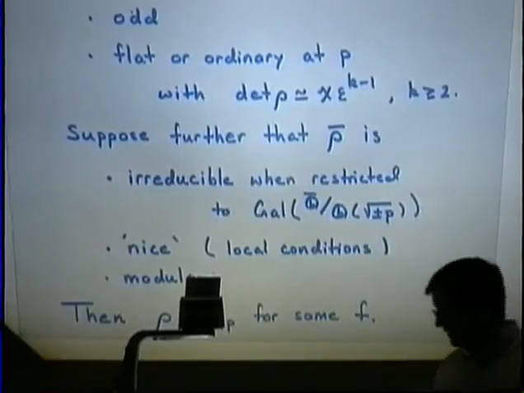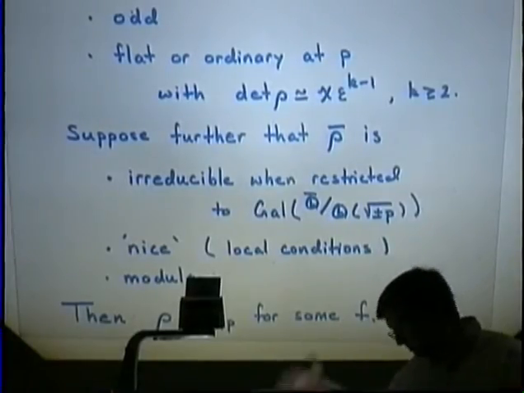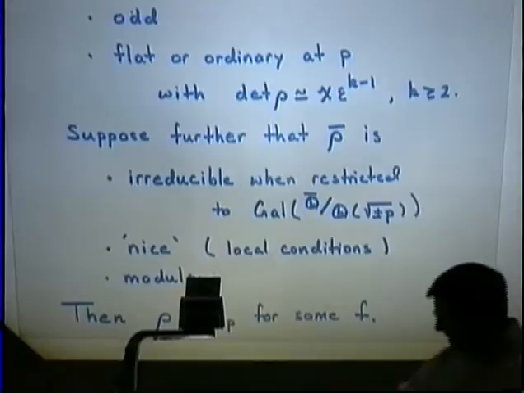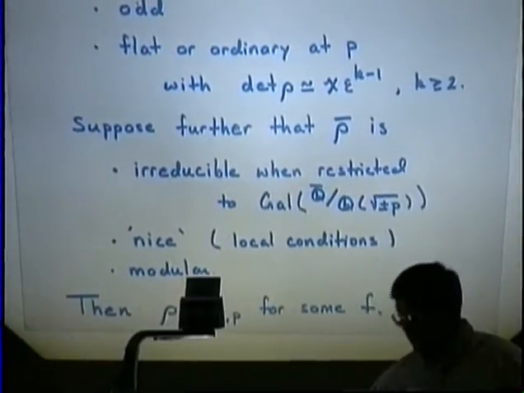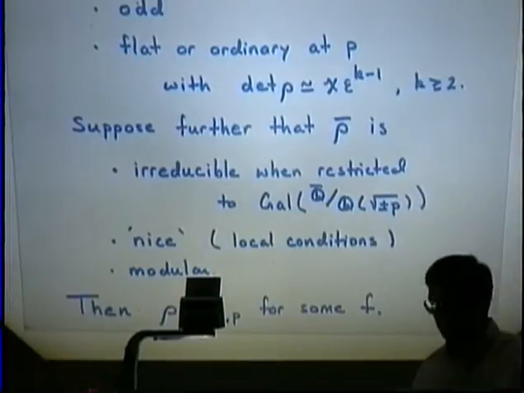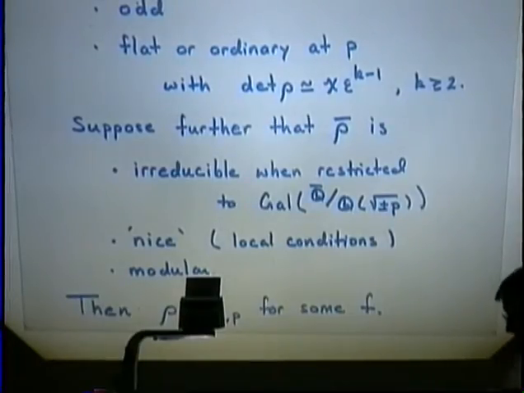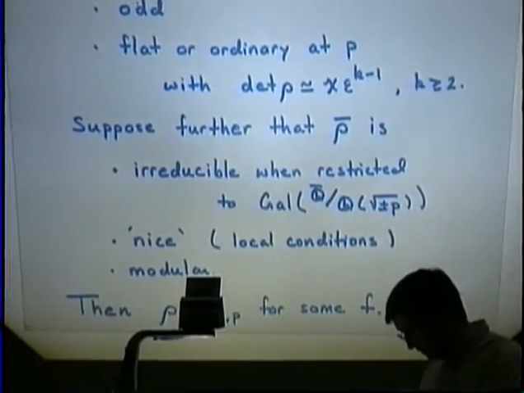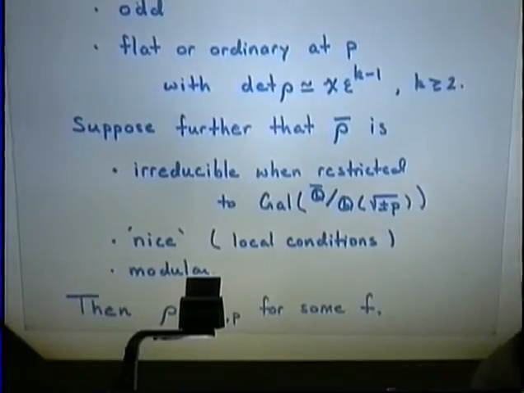But given this, and since I haven't told you what nice is, you might believe it, the conclusion is that the representation is, in fact, the representation associated to some modular form. And this is enough to prove, for instance, that all semi-stable elliptic curves are modular, and so finally yielded the proof of Fermat's last theorem.